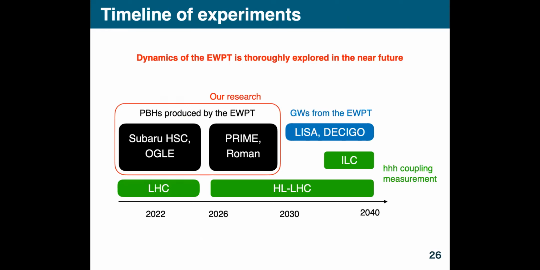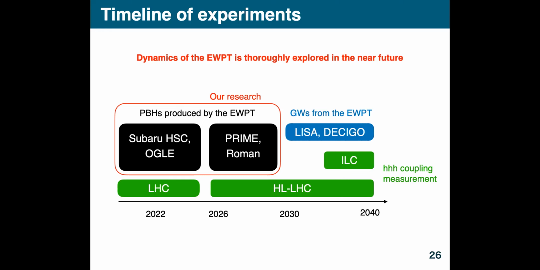And finally, this figure shows the timeline of the current and the future experiments. Around 2030, the gravitational wave observation will start, and in the middle of the 2030s, the experiments will start which can explore the triple Higgs boson coupling.